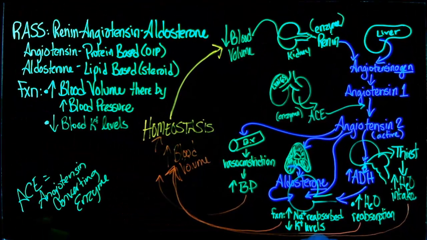And when blood volume is in the normal homeostatic amount, we stop seeing the release of renin, that enzyme. As soon as renin is eliminated from the system, we are no longer converting that precursor hormone protein known as angiotensinogen, and we can break this system down by no longer releasing renin.